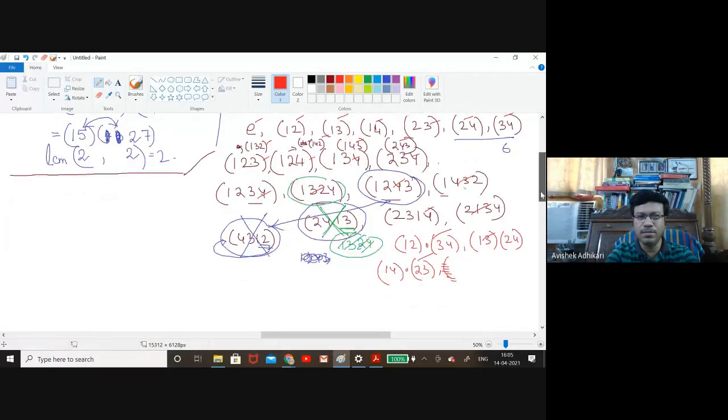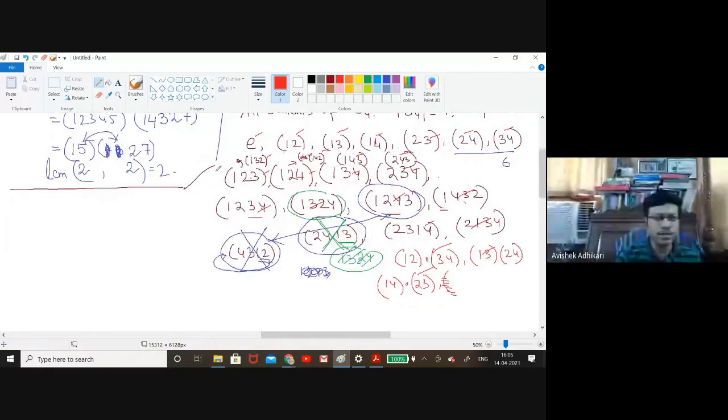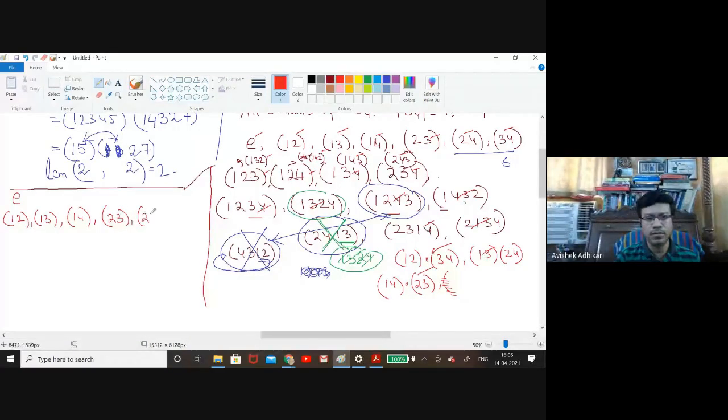If I write it like this, first is E, then all 2-cycles: (1 2), (1 3), (1 4), (2 3), (2 4), and (3 4), right? And then all 3-cycles. What do I get? (1 2 3). If (1 2 3) is there, its inverse will also be there, which is (1 3 2), right?